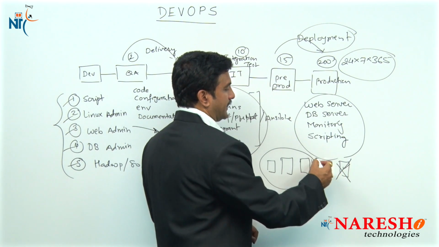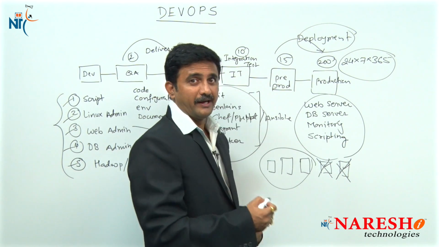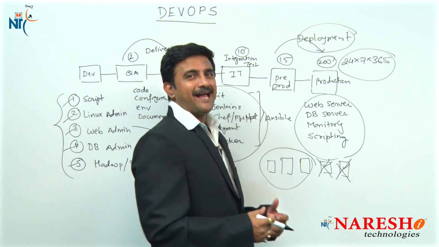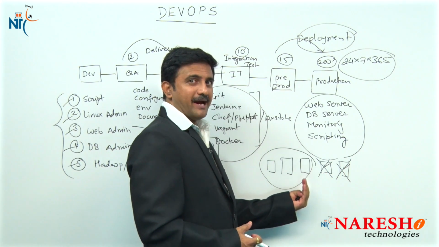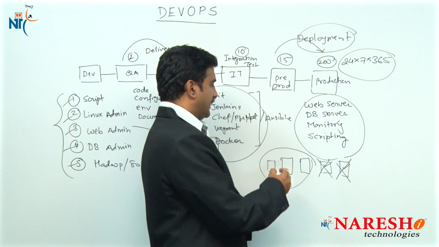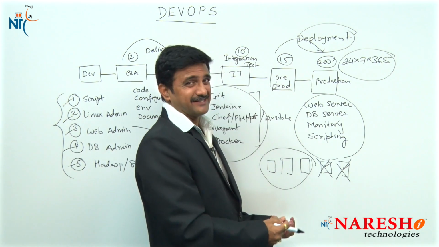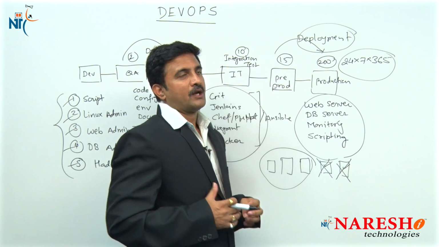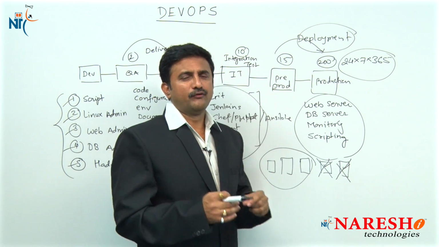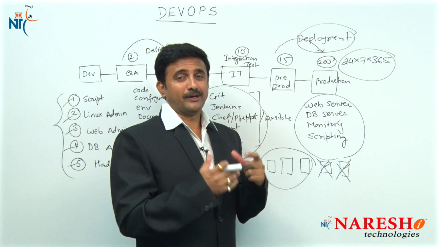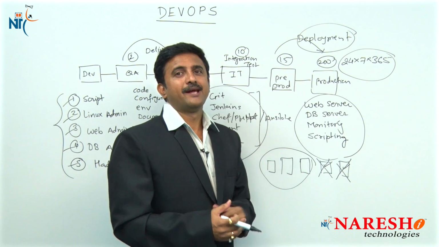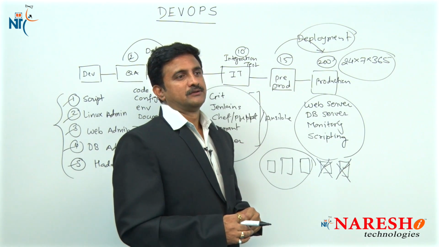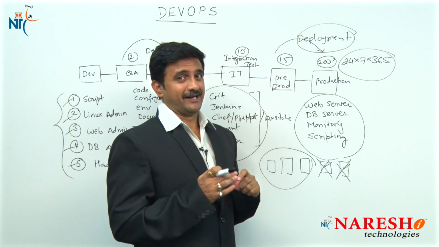Automatically these machines and servers will get destroyed, and you will come back to the normal position. That means you started with 3 servers as an example, and you come back to the 3 servers. That way you give a beautiful experience to the customer. You can handle large customer volume and do it in a much better way with automation. So this is the power you get with DevOps.